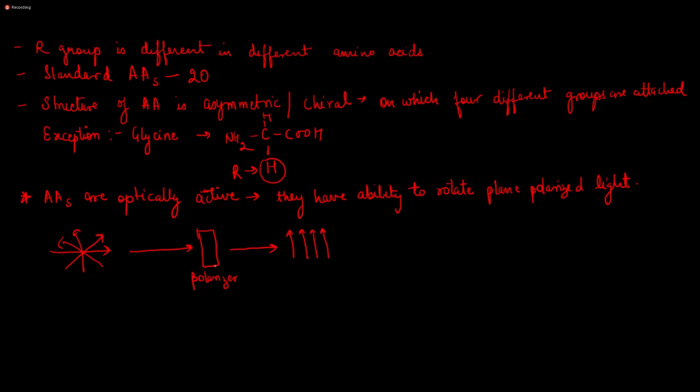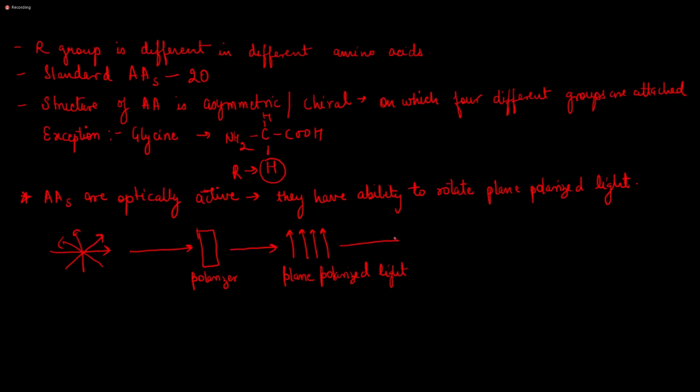So the light that passes through the polarizer will be in a particular direction. This light is known as plane polarized light, because the rays are all in the same plane.